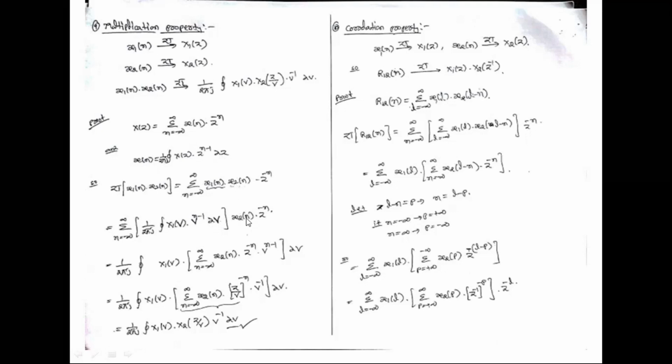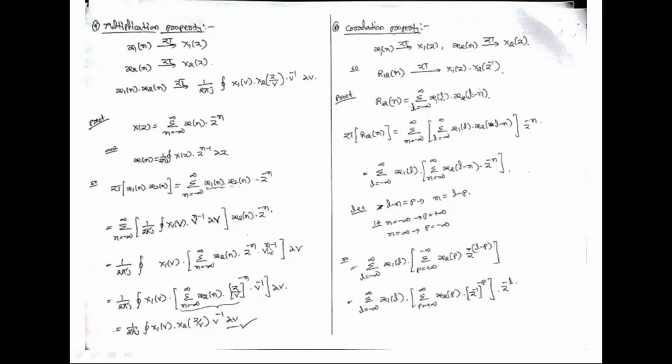And another signal is there, x2 of n, z power minus n. Got it, students? So take this 1 by 2 pi j, the integral x1 of v, and the sum of n from minus infinity to infinity, x2 of n, z power minus n, with v power n minus 1 and dv.